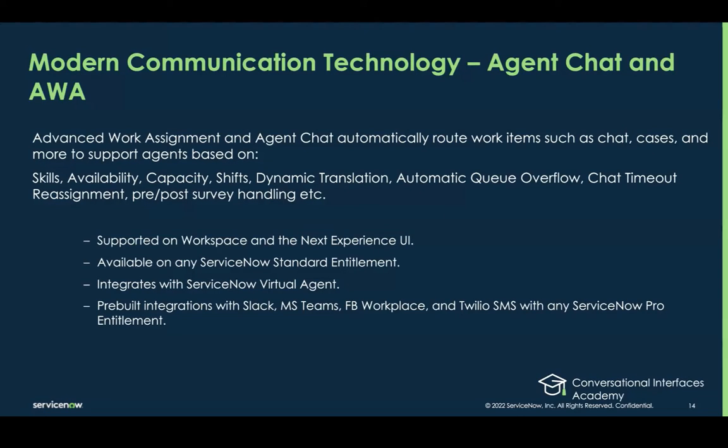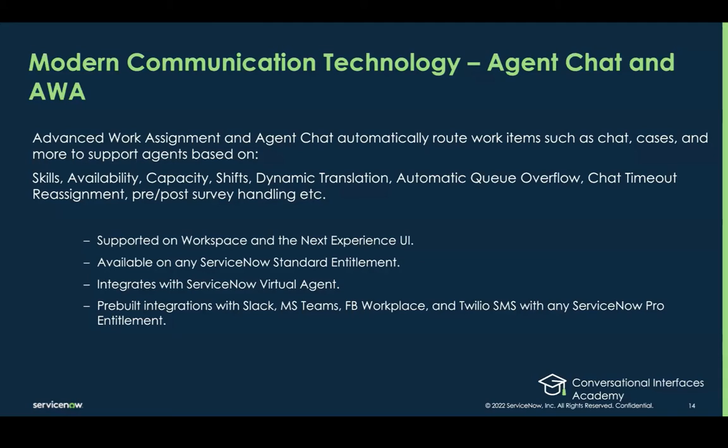Let's say a requester in Japan wants to connect with a US agent in US time zones. Dynamic translation converts the Japanese requester's message, who is unable to read English, into English for the US agent. And whatever the agent types in English will be converted into Japanese and sent. I'll show you a screenshot of how the dynamic translation looks after the demo.